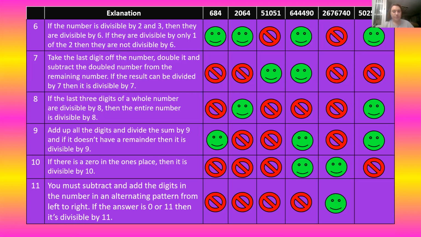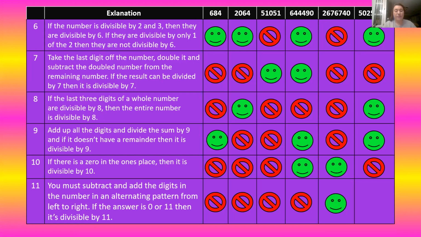And then now for our final one, you do 5 minus 0 plus 2 minus 5 plus 0 minus 5 plus 2, and then you do minus 8.